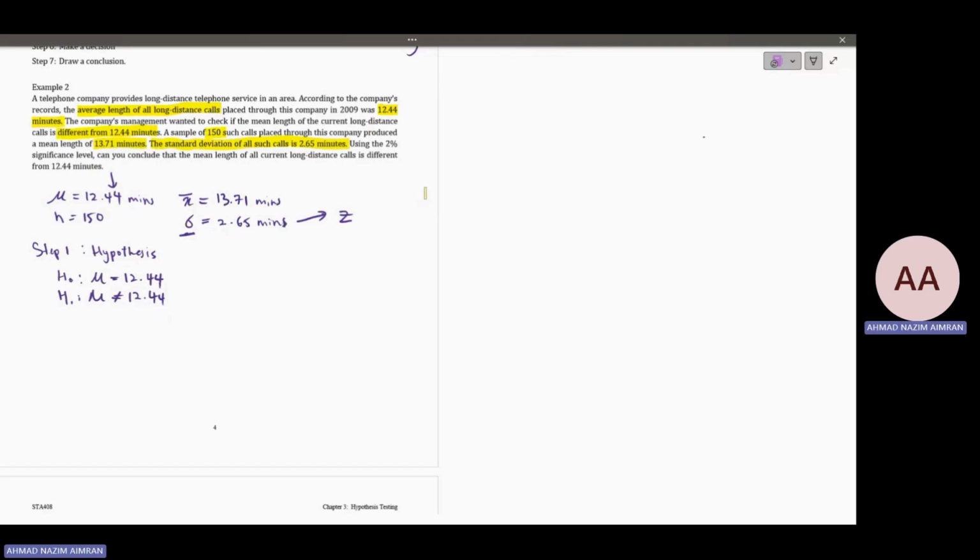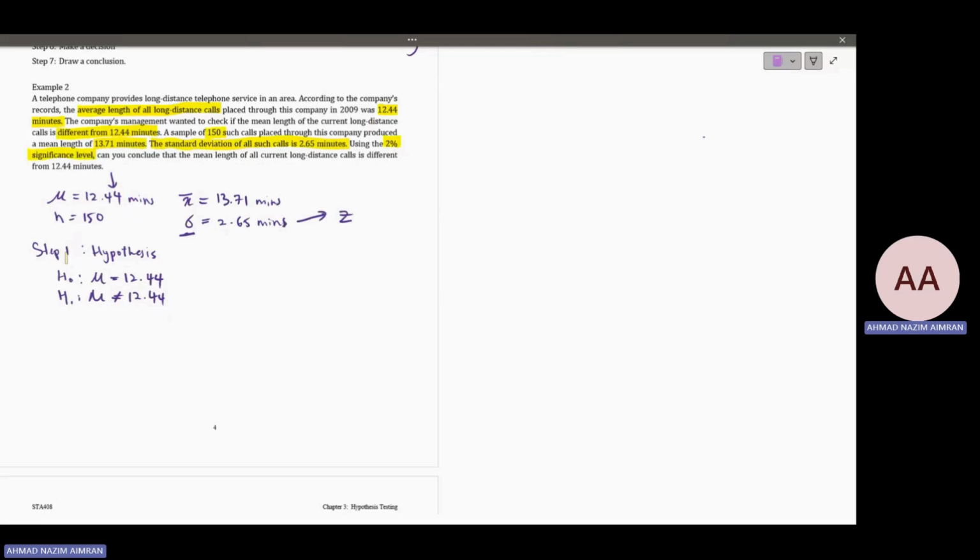And using 2% significance level, can you conclude that the mean length of all current long distance calls is different from 12.44 minutes? Okay, so you need to read the question word by word, and you need to write down all information given.